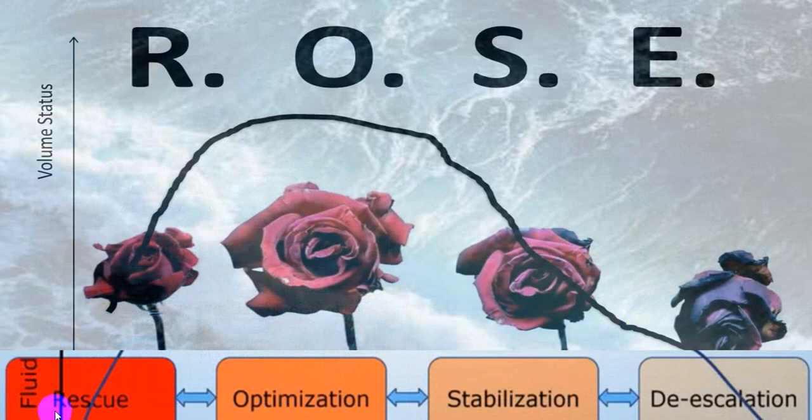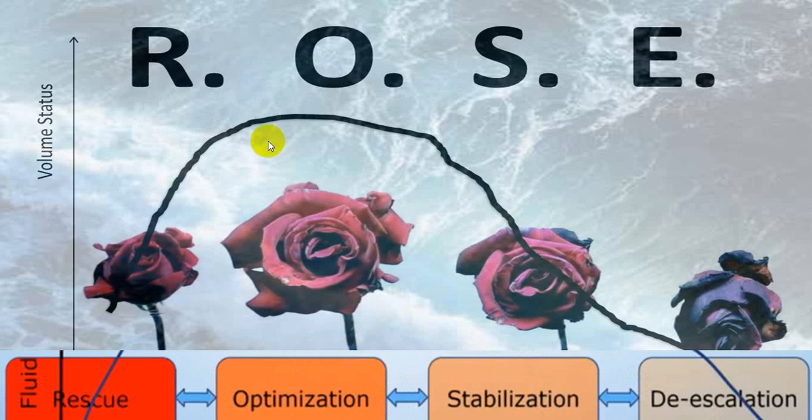So they say rescue, that is resuscitation, optimization, that is replacement, and after optimization you stabilize the person. Now he will need only maintenance. Once the person is completely stabilized, now you will do de-escalation, and in short it is called ROSE.